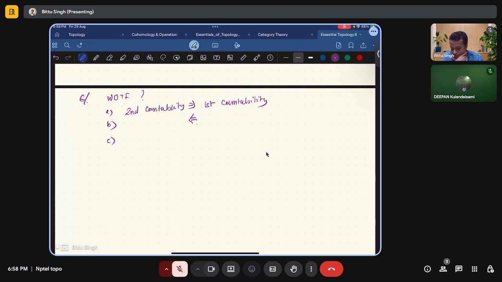Option C says metric space implies the space is second countable. Option D says metric space implies separable.